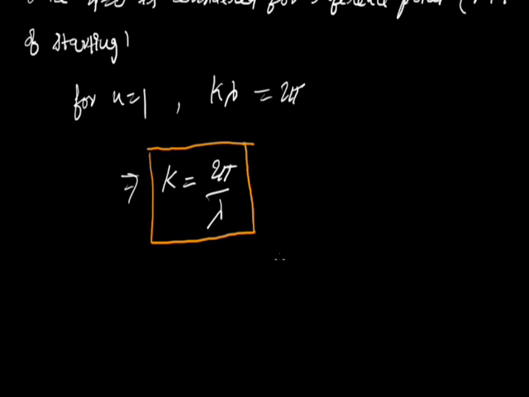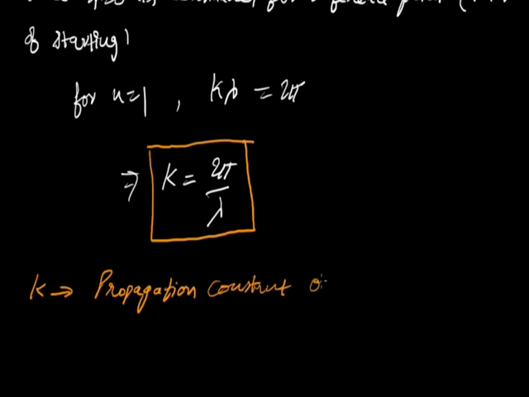This relation is the relation between the wavelength and the number of wave, because here k is considered propagation constant or angular wave number, and its SI unit is given by radian per meter.